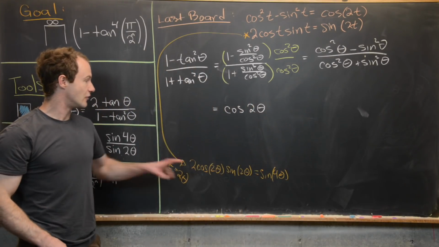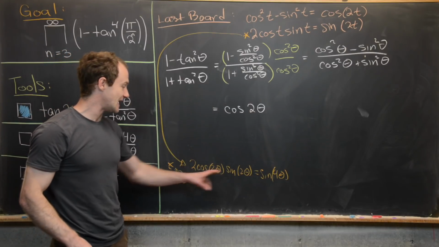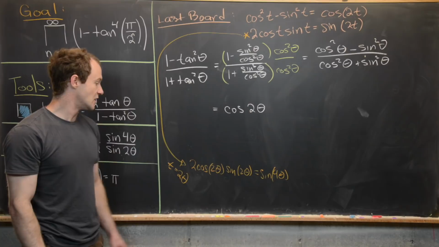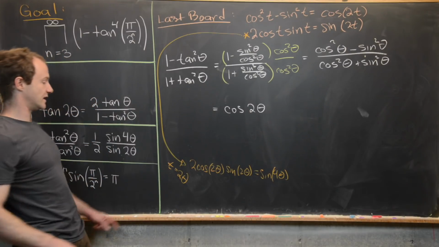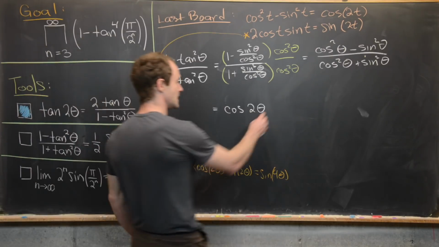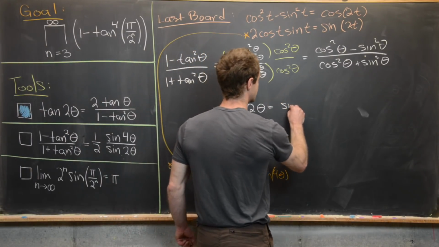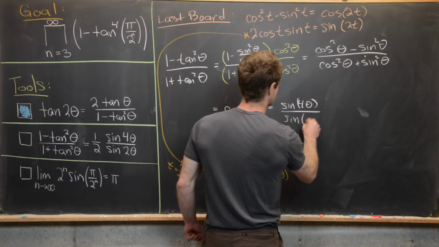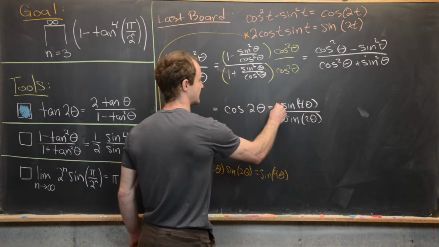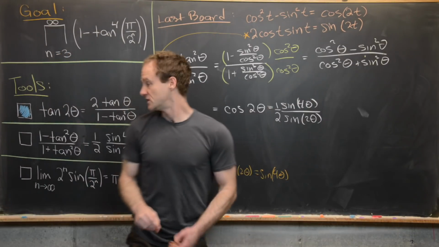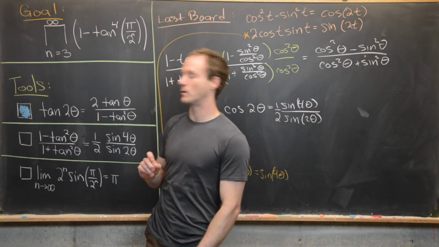Great. But now notice if we divide out to isolate cosine of 2 theta on the left-hand side, we'll get exactly what we want. And so we have to divide out a 2 and a sine 2 theta, and that tells us that this is equal to sine 4 theta over sine 2 theta, and that's also divided by 2, but I'll just bring this 1/2 out. Okay, so we've established this second formula.